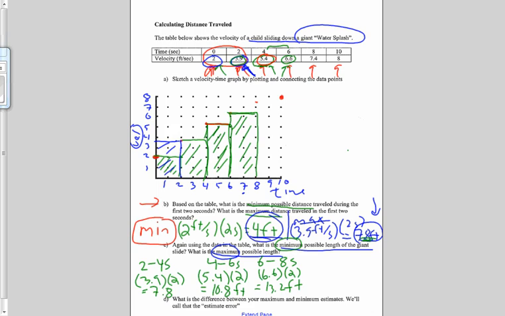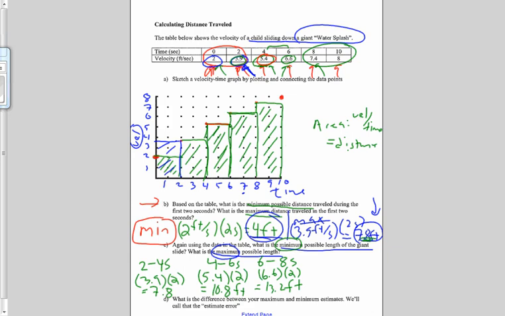And we've looked from 6 to 8 seconds, and now we need to look between 8 and 10. So 7.4 is our minimum velocity. So we draw our representation, area underneath the curve, again, area underneath a velocity time graph equals distance.